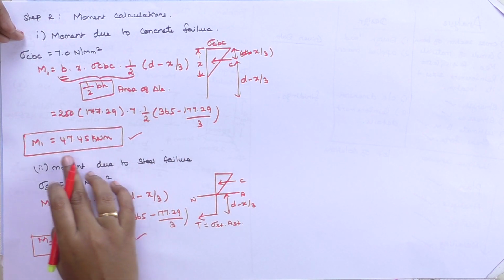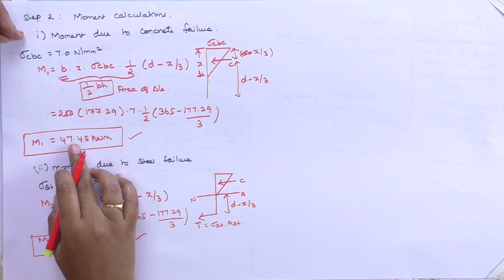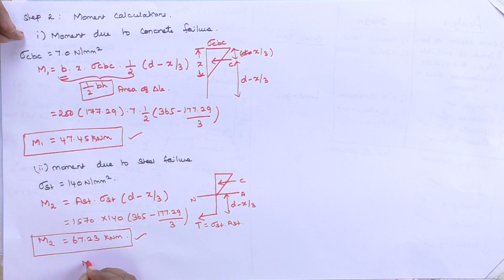Okay. Here M1 is 47.45, which is less than M2. M1 is nothing but concrete, which is less than steel. So we can write an expression that this section is governed by concrete.